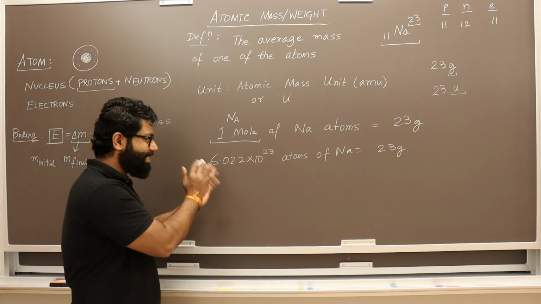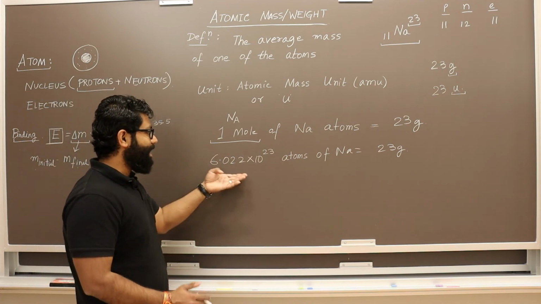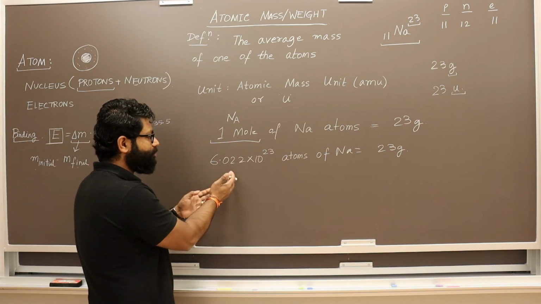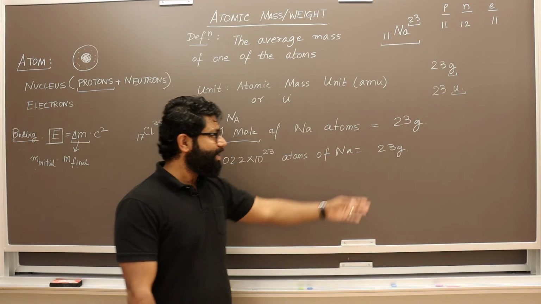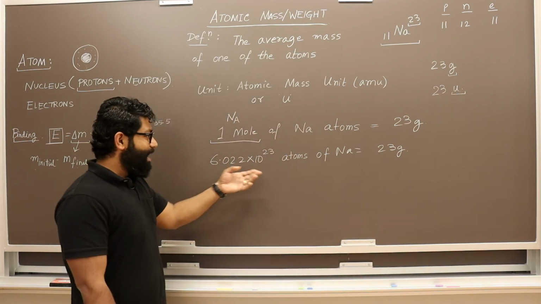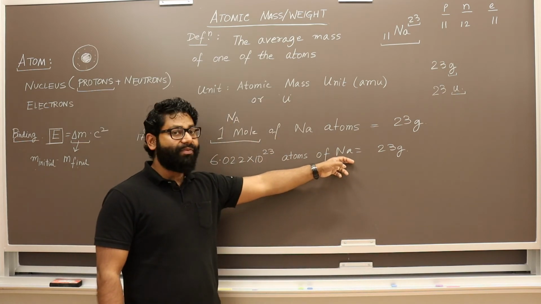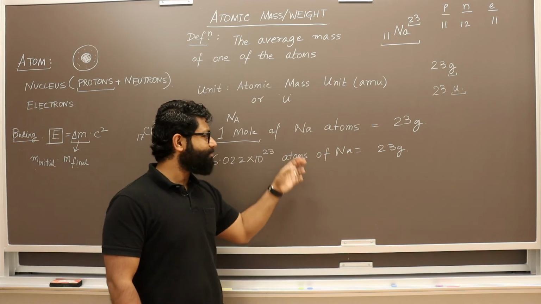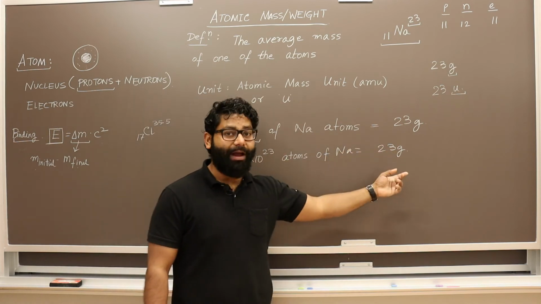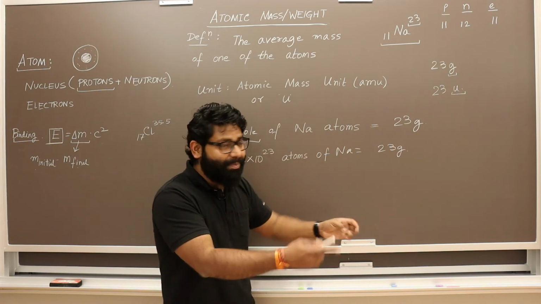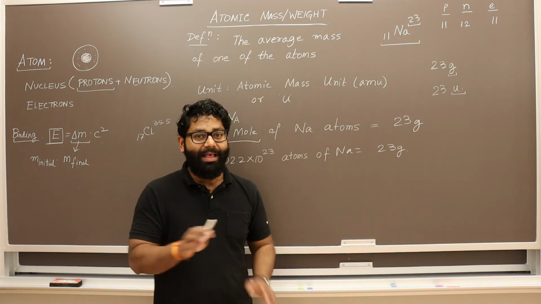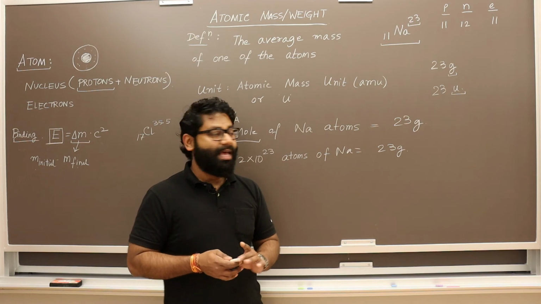For our purposes in here, let's understand that if you just have 6.022 × 10^23 atoms of sodium, how much will that weigh? 23 grams. If this was magnesium, how much will it weigh? 1 mole of atoms of magnesium will weigh 24 grams, because the mass number of magnesium was 24 for easy purposes.